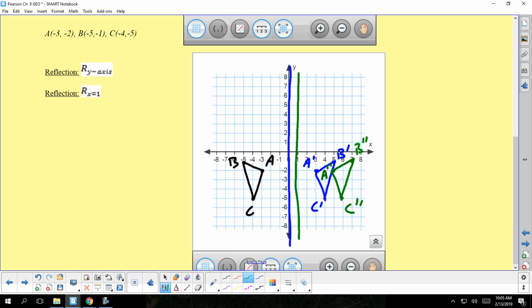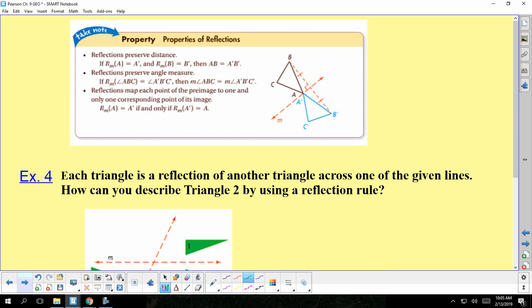All right. The last page, we don't necessarily always need to be in the coordinate plane. Some properties to look at. Reflections preserve distance. So if a reflection across line M of point A is A prime, and the reflection across M of point B is B prime, then AB is going to be congruent to A prime B prime.